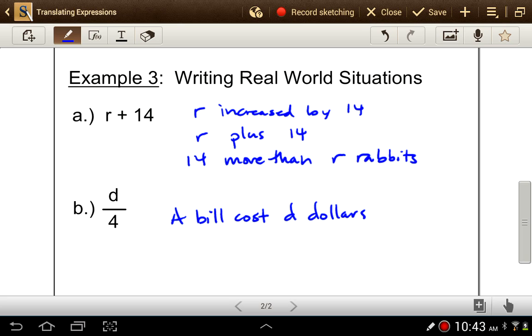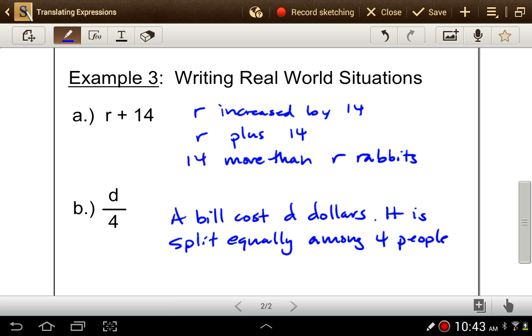Okay, so there's my D, all right, and then I could say it is split equally among 4 people. Well, splitting something equally, that's division, so that would be my D, the cost, divided by the 4 people that are equally splitting it, so D divided by 4, or the quotient of D and 4. Okay, so that's how you write those situations.